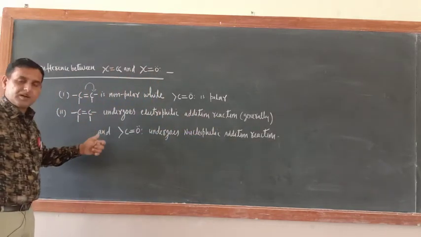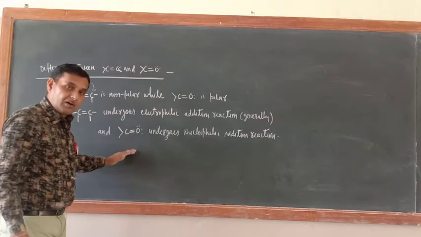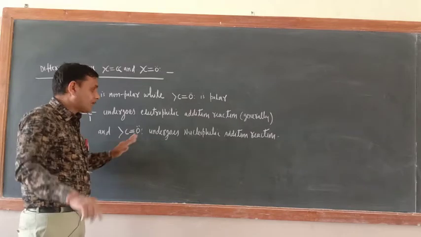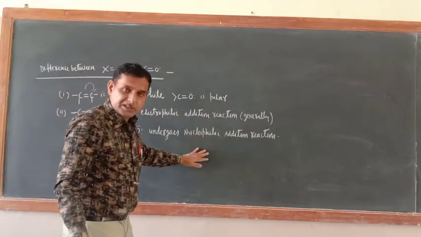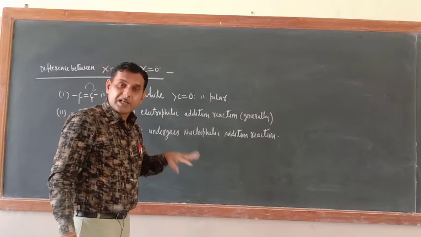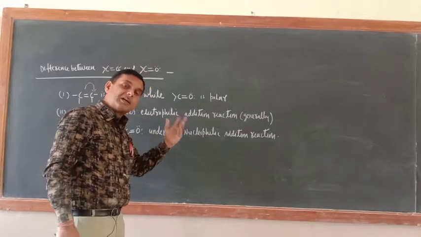What about the carbonyl group? Just now I explained. At the carbon of the carbonyl, a nucleophilic addition reaction would be there, because the carbonyl carbon is an electrophilic center, an electron deficient center. So who will attack? The nucleophile.